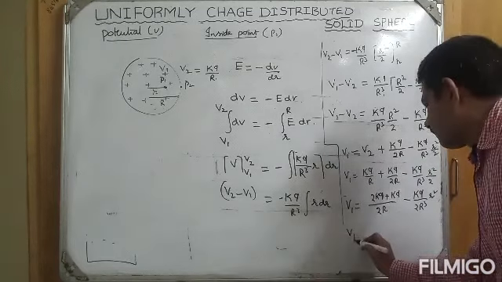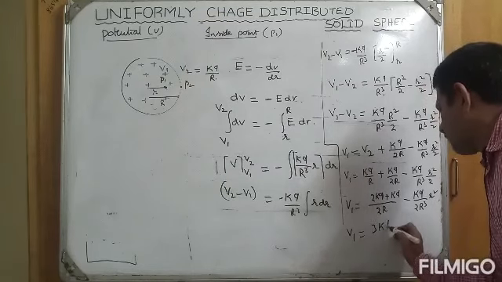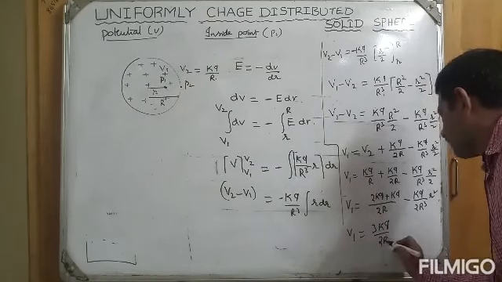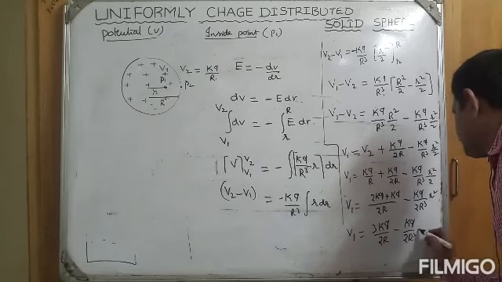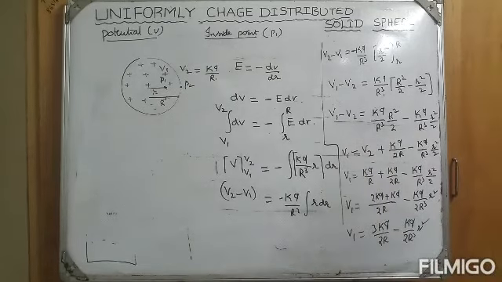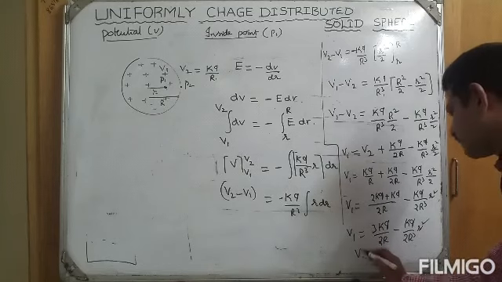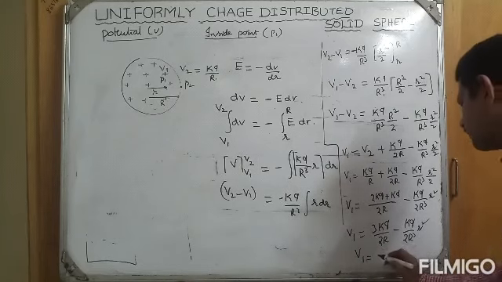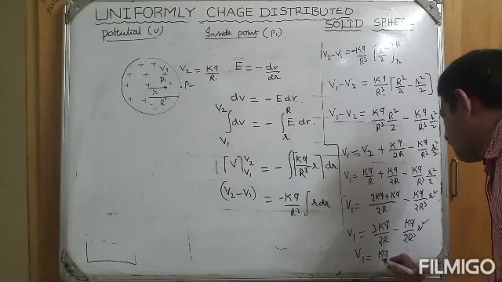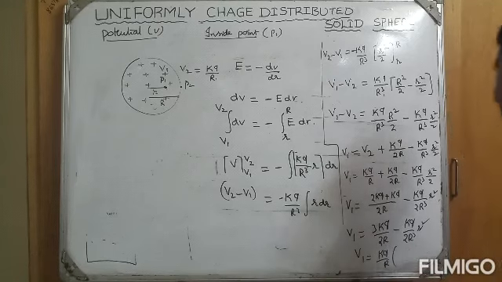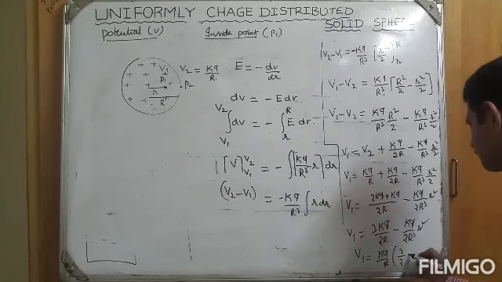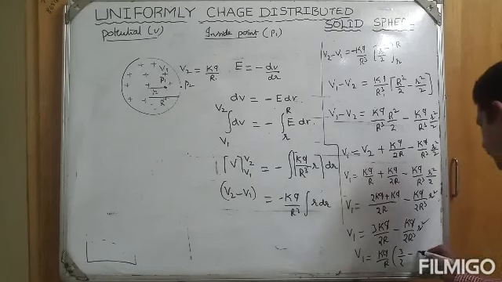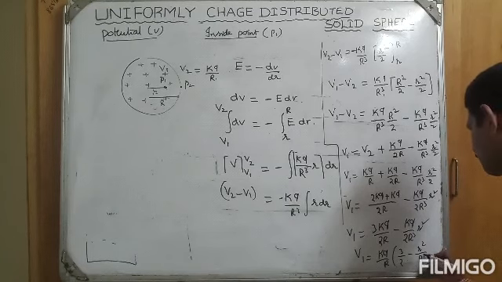So this is 3KQ by 2R minus KQ by 2R cube into small r square. Understand? So V1 is the potential. If you take the common factor, KQ by R is a common factor, you will get 3 by 2 minus r square by 2R square.